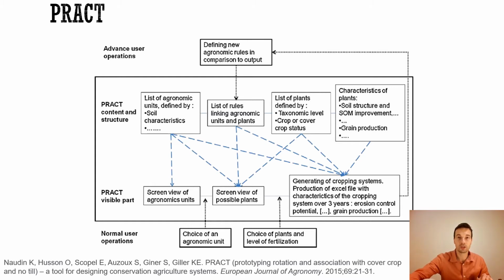The input information for PRACT is composed of crop and cover crop adaptation to biophysical conditions of different field types or agronomic units. Then agronomic functions of crops and cover crops.